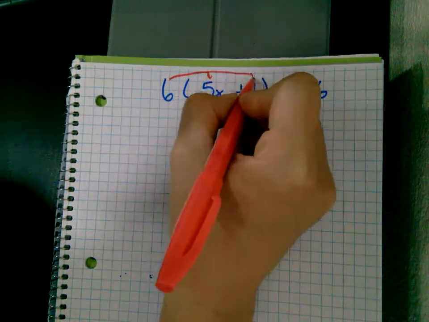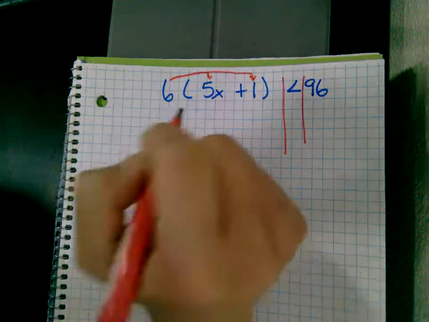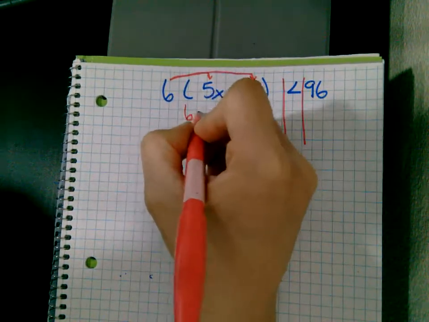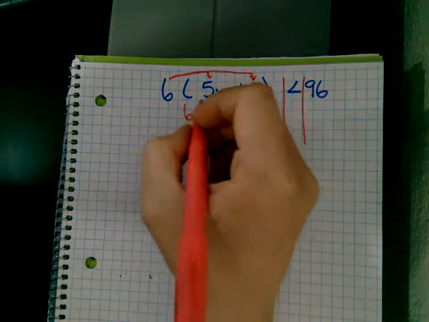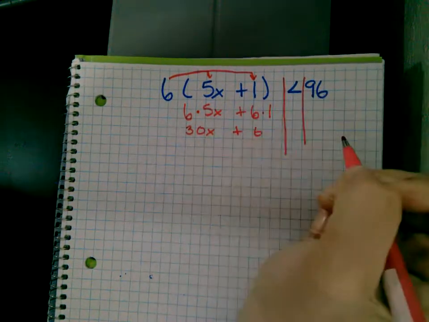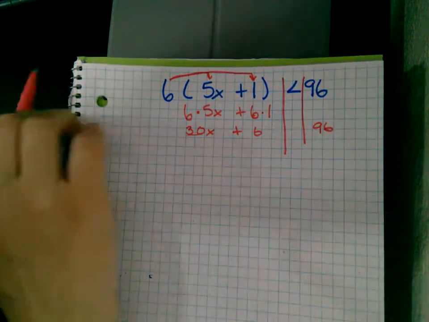We first learned how to distribute back in October, which means just give everything inside, kind of like trick-or-treating. So 6 times 5x plus 6 times 1. 6 times 5x is 30x plus 6. Bring down the 96. Now this is a two-step equation.